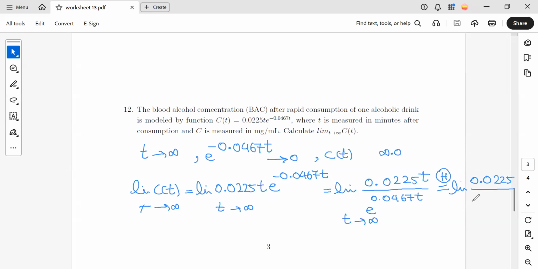The power will be the coefficient, so 0.0467 times e to the 0.0467 t when t is approaching infinity. So it will be a number, 0.0225, over infinity, which means that the answer is 0 here.